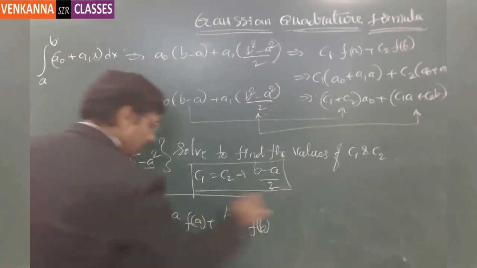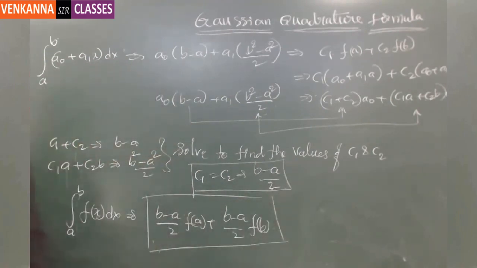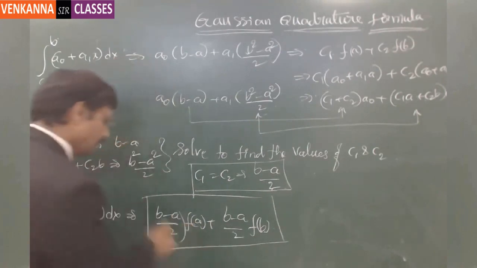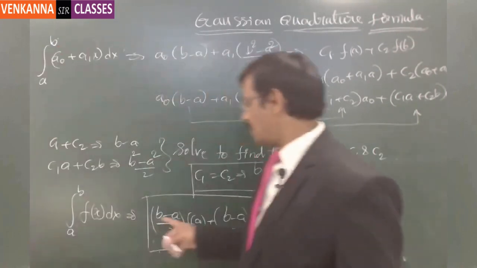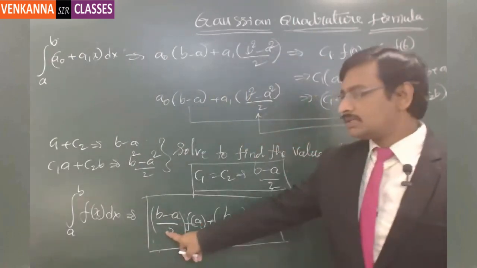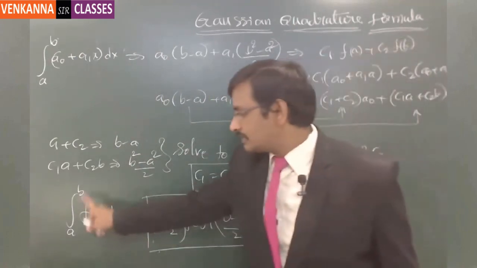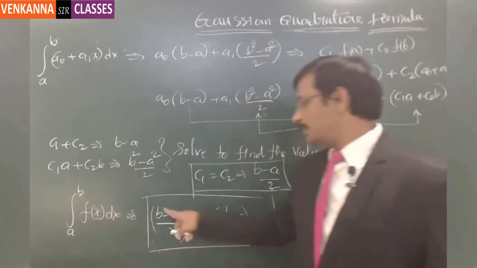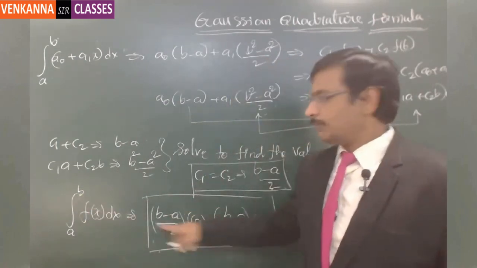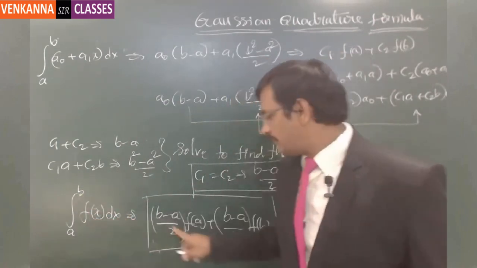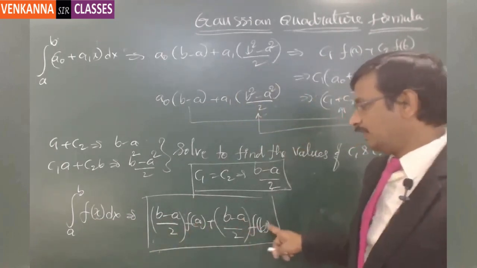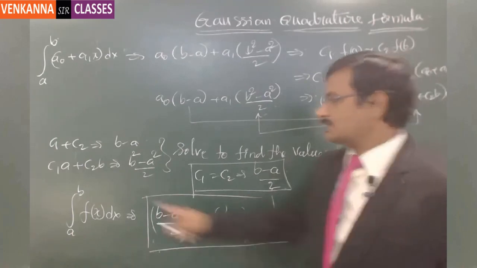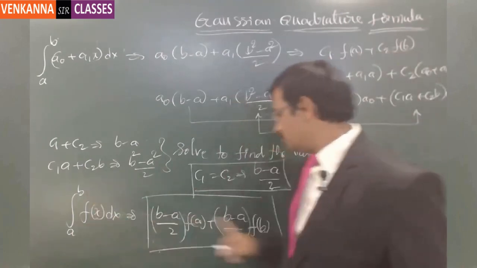So this way you can straight away find the value of the integration with the help of these constants we found just now, as a constant calculated in terms of a and b, b minus a by 2 multiplied by the functional value f of a, and then b minus a by 2 times f of b, where b and a are the limits and the functional value at this location.